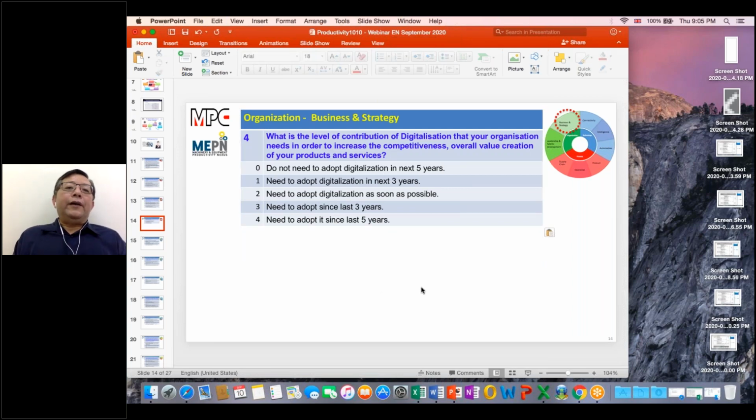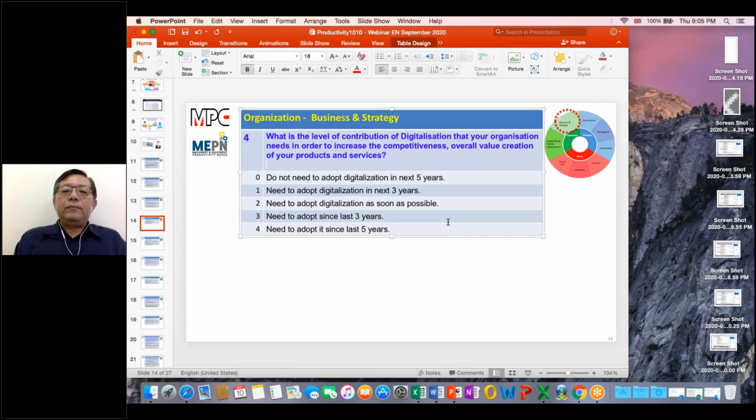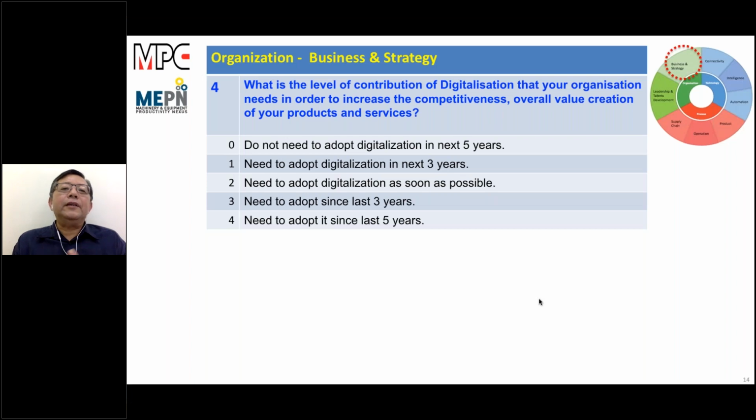Question number four is asking what is the level of contribution of digitization that your organization needs in order to increase competitiveness and overall value creation of your products and services.